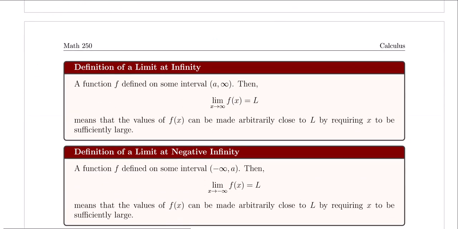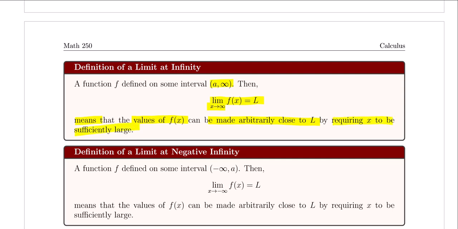Alright, so now let's go ahead and begin by discussing a few definitions. What is the definition here for a limit at infinity? Let's say that we have a function f defined on some open interval from a to infinity. Then, the limit as x approaches infinity for f of x is equal to L means that the values for f of x can be made arbitrarily close to L by having the x be sufficiently large.